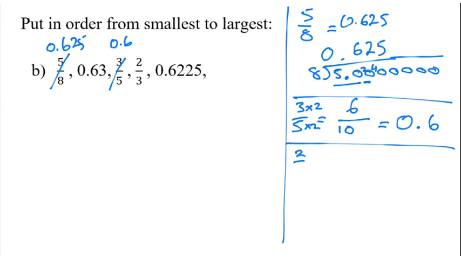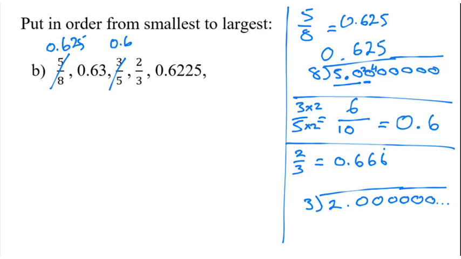Now I need to change 2/3 into a decimal. Some of you may just know off the top of your head that that is the same as 0.666 recurring. If we don't know that, we can do the division and work it out. So we can say, how many times does 3 go into 2? And I'm going to make that 2.000, as many as I like.